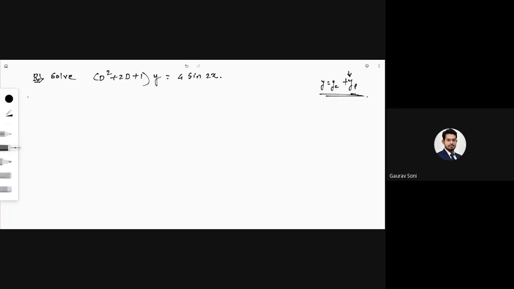So what is the auxiliary equation in this? D square plus 2d plus 1 is equal to 0. So this will give me d is equal to minus 1 and minus 1.